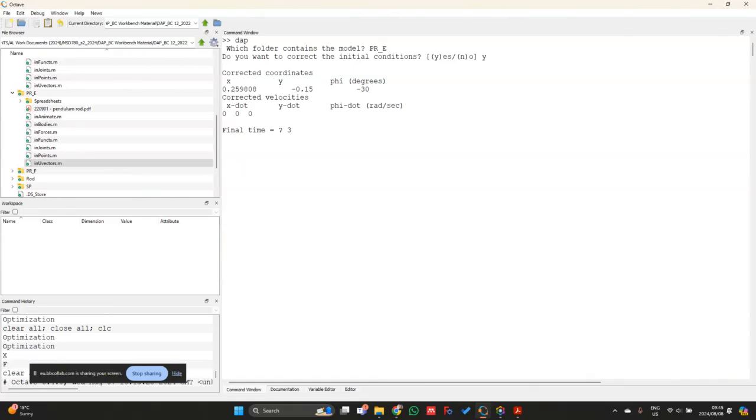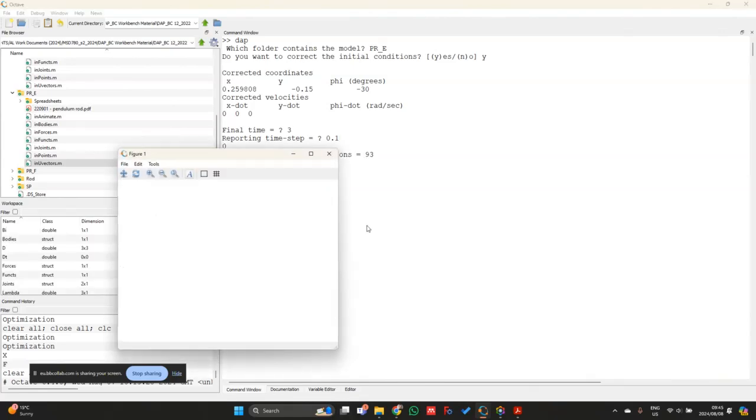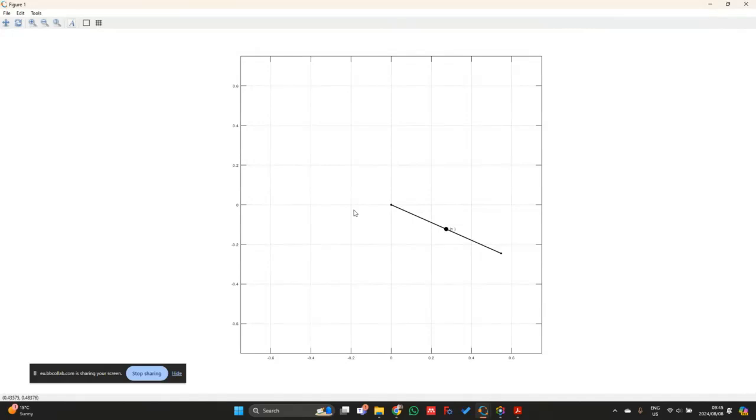Final time we can make 3 seconds. And let's maybe use 0.1 over here. Then animate. Okay, now we can see a bit better motion of this system over here. So it started fairly slow and then it started to accelerate.